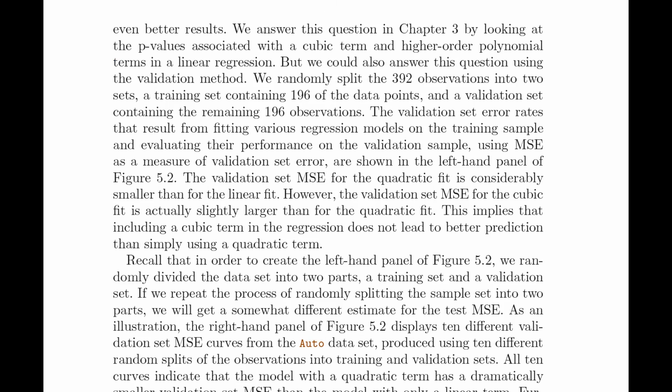The validation set error rates that result from fitting various regression models on the training sample and evaluating their performance on the validation sample, using mean squared error as a measure of the validation set error, bit of a long sentence, are shown in the left-hand panel of figure 5.2.